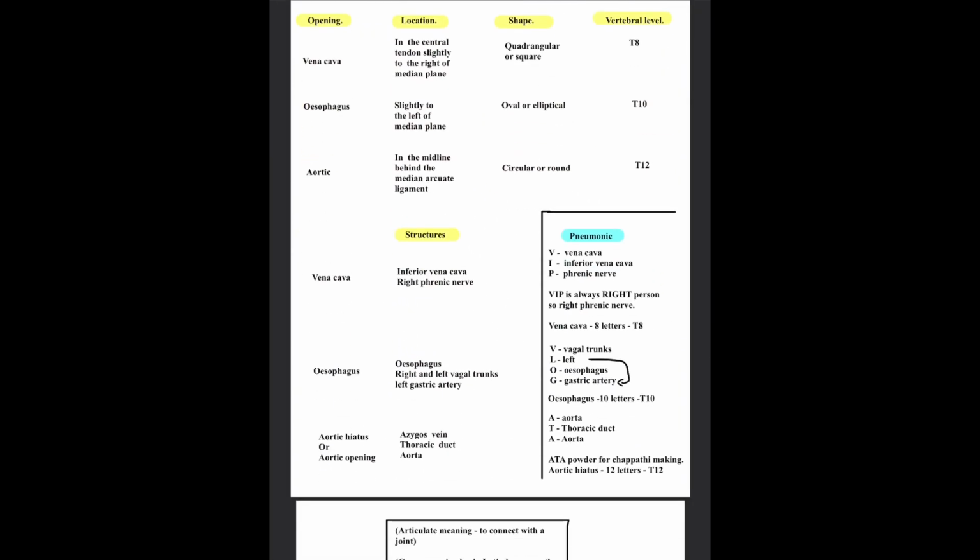So the structures that pass through the openings of the vena cava, esophagus and aorta, I created a mnemonic for this. So VIP. V stands for vena cava, I stands for inferior vena cava, P stands for phrenic nerve.